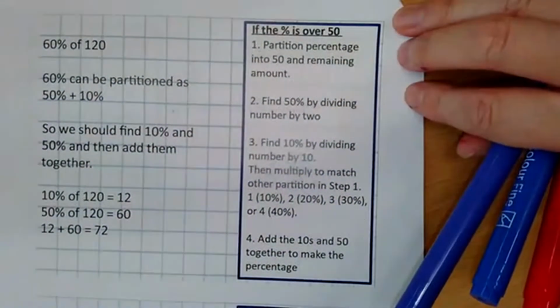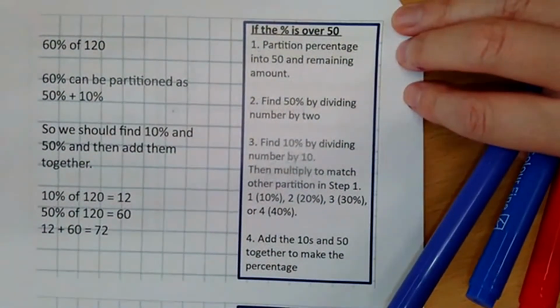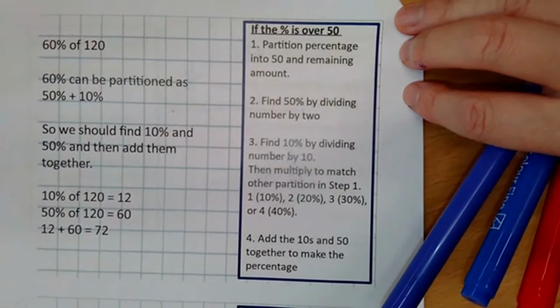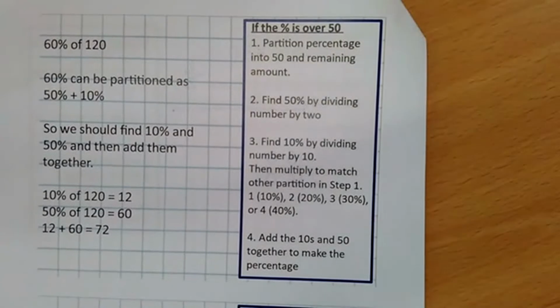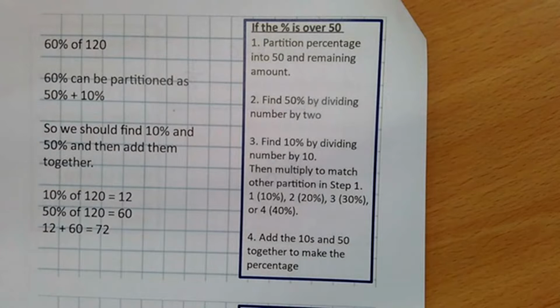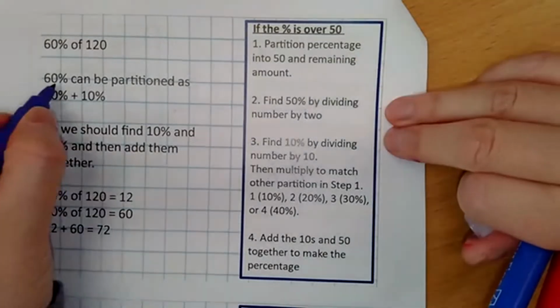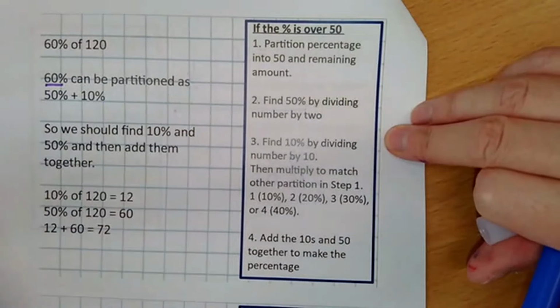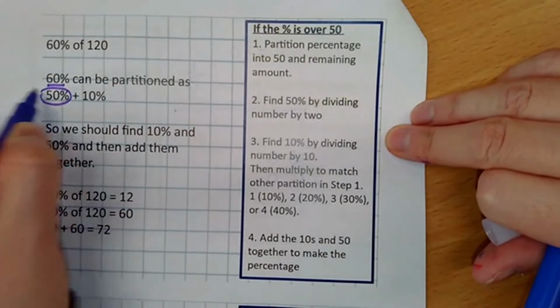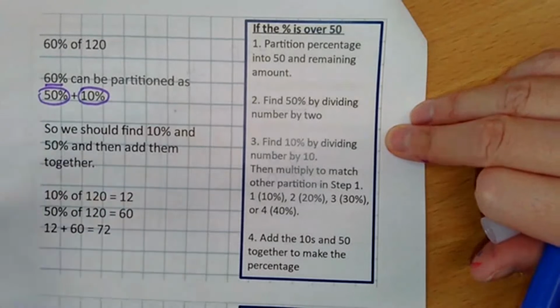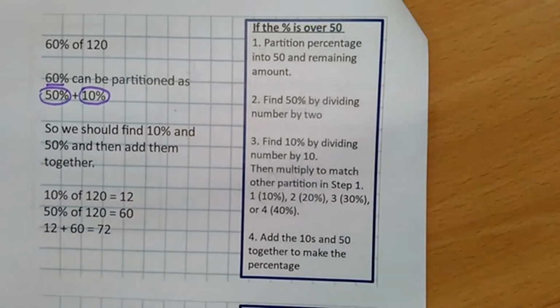What about if it is 60%? So what we're going to do is, we now know how to find 50% of a number, and we now know how to find 10% of a number. So we're going to use these two skills to calculate percentages that are over 50. If it's asking for 60%, this can be partitioned into 50% and 10%, because I know 50 plus 10 equals 60.